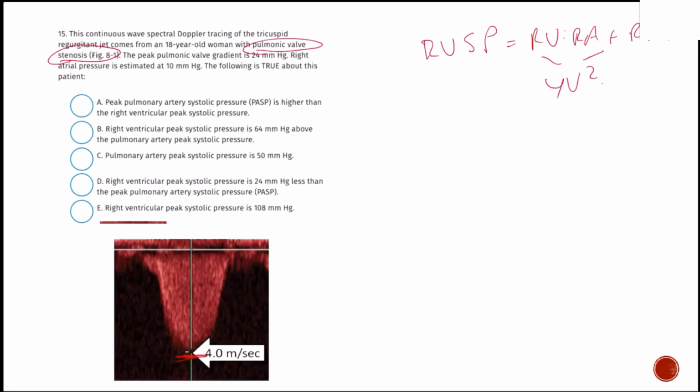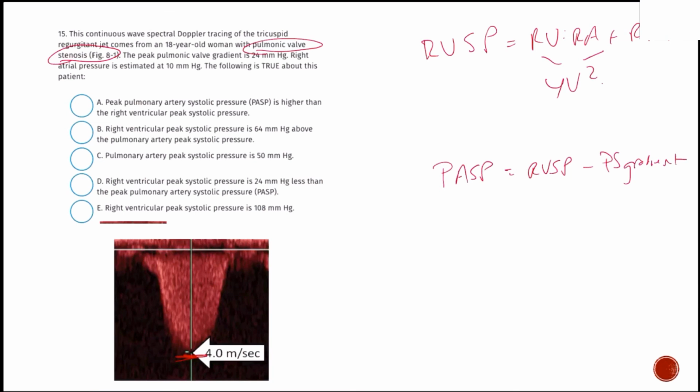We did this question already. You know this stuff. They just worded it, and the words get you all confused. So basically, all we're doing here is saying our PA systolic pressure is equal to our RV systolic pressure minus the gradient that's driven by the pulmonary stenosis.